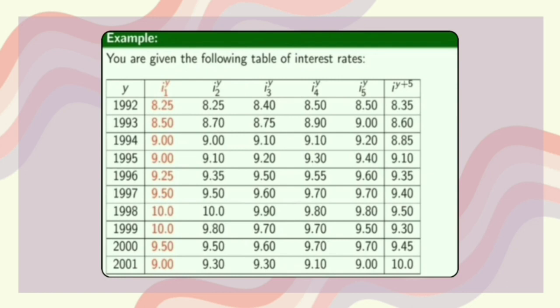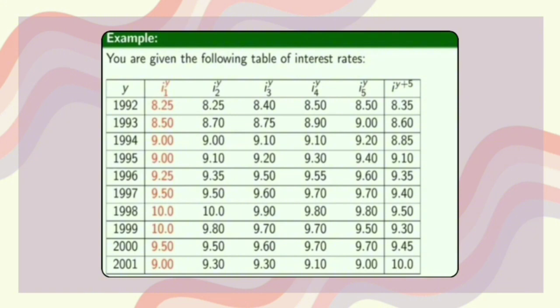Now, as you can see, those highlighted in red are what we call the new money rates or starting rates. These are given to the new investors, and they are usually competitive rates because they attract or gain more investors.